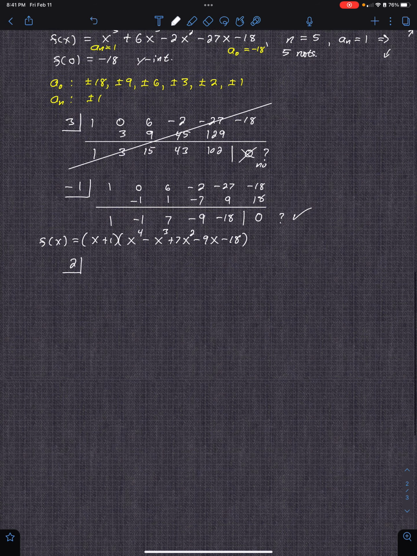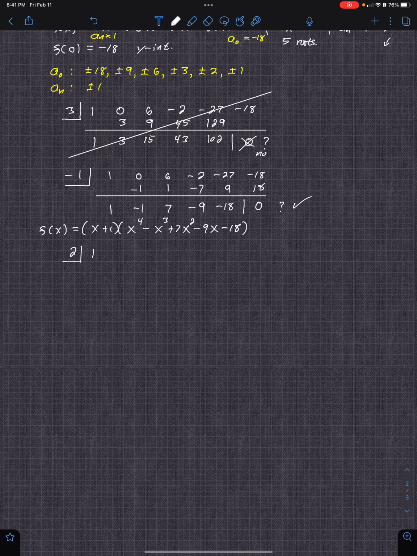So let's try 2. 2 does work, just to speed things up. Go through that, try it, see if it works, which it should. So this should be a 0. Bring down the 1, multiply, add. 18. Okay, and then you get 0.